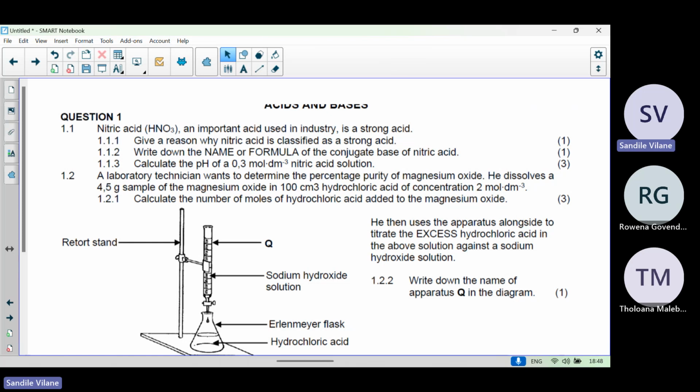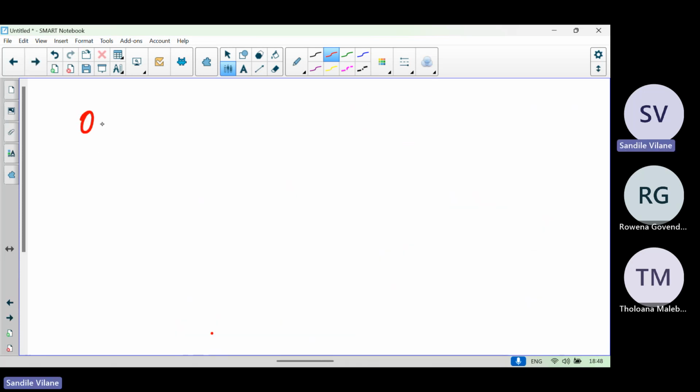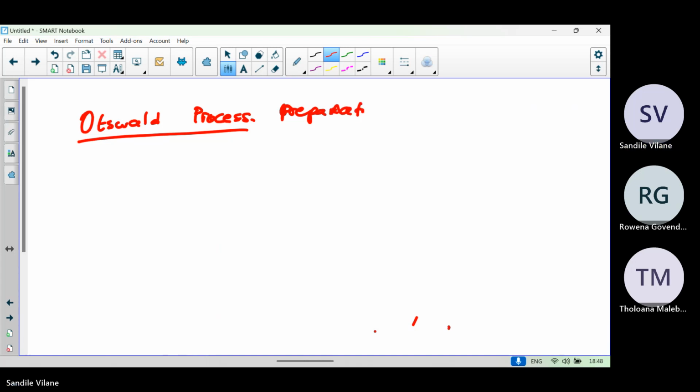Nitric acid is an important acid used in industry, and it is also a strong acid. Remember, nitric acid is used in preparation of fertilizers. That is what they call the Ostwald process. The chemical engineers at Sasol do a lot of the Ostwald process, wherein they prepare nitric acid.